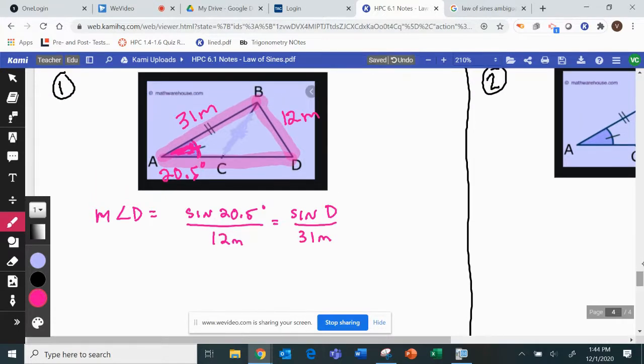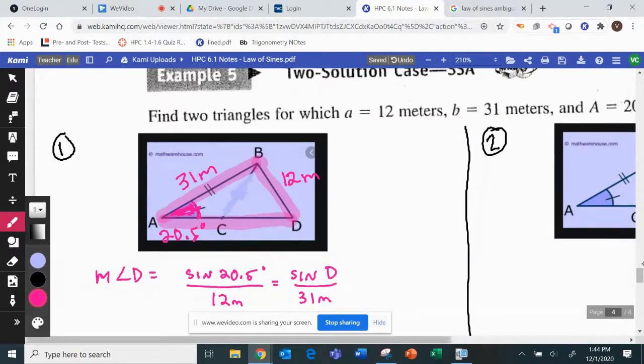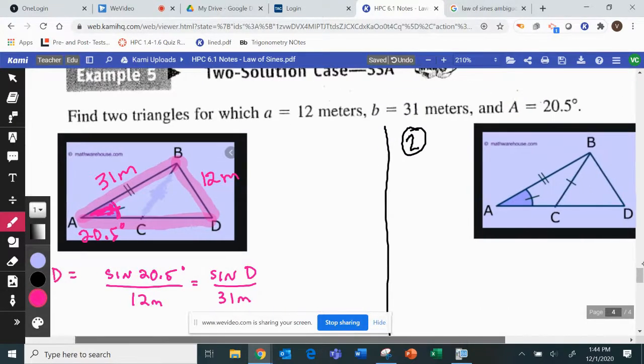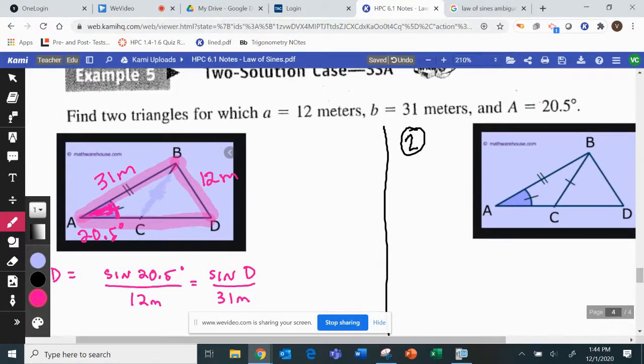Oh gosh, we didn't even talk about why there's two answers. I'm sorry. We need to talk about that still. I was too busy drawing the picture. I got distracted. In this picture, we have the side a is less than the side b. 12 is less than 31.